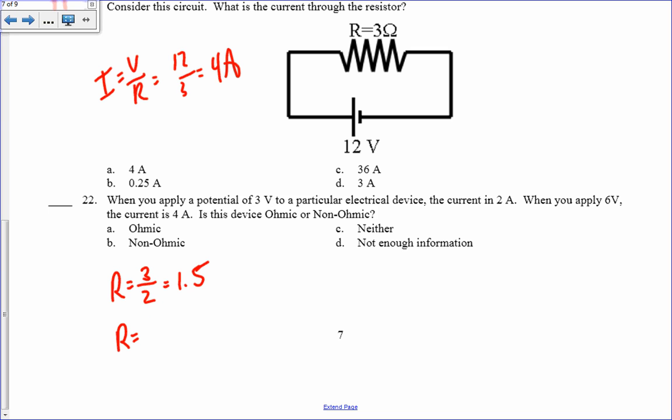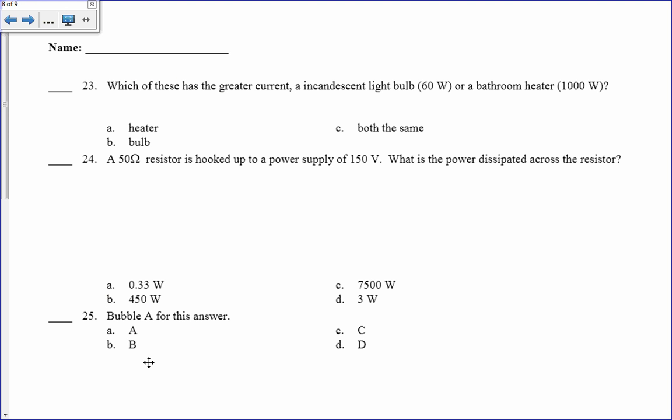And the resistance for the second one is 6 over 4. That's also 1.5. So this is an ohmic device. It obeys Ohm's law. So these has a greater current. All right, P is equal to VI. V is constant. If P is big, that means I is big. So that would be the bathroom heater.